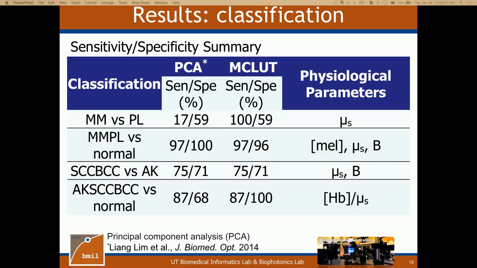In addition, using my Monte Carlo lookup table model, we are sure what physiological parameters are used to do these classifications. So we found that scattering usually plays a very important role in those classifications. And for distinguishing the melanoma and the pigment lesion from normal skin, the melanin has an important role here. But I'm still working on optimizing the diagnosis algorithm here.